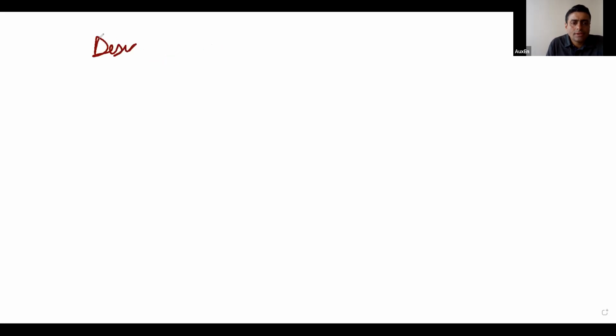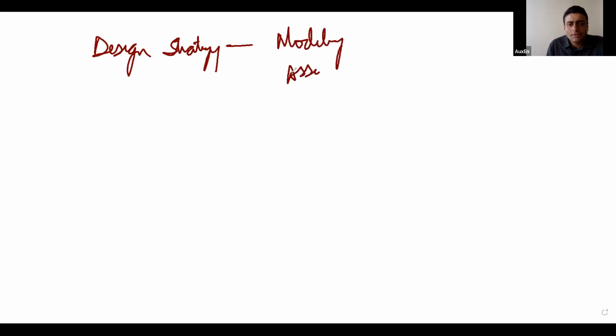So I write over here design strategy and modeling assumption and site execution. I have given this example earlier also, but let us repeat it once again. Are you able to see the whiteboard?